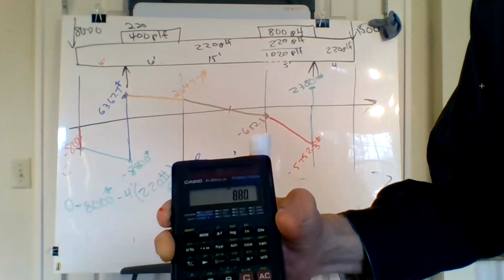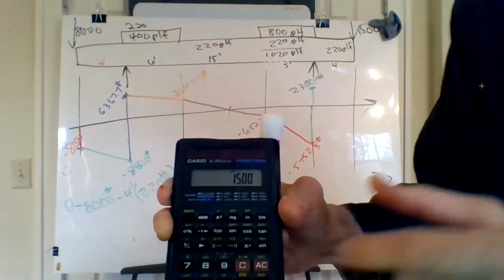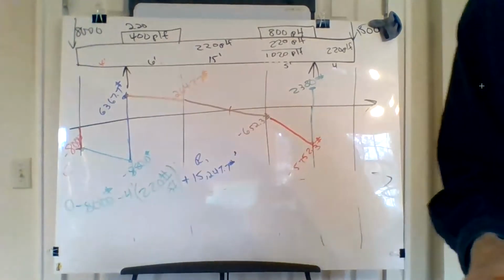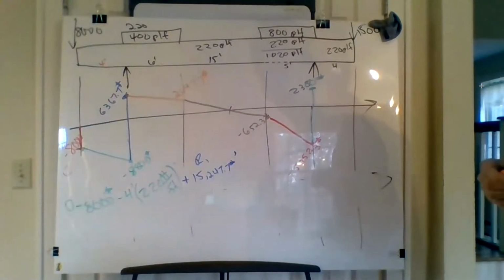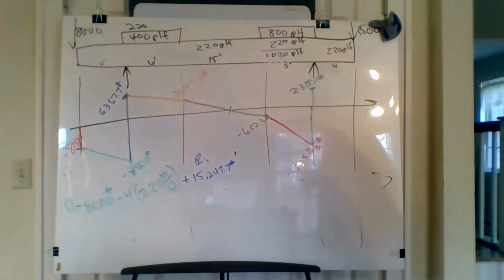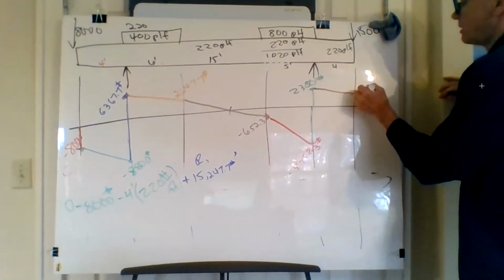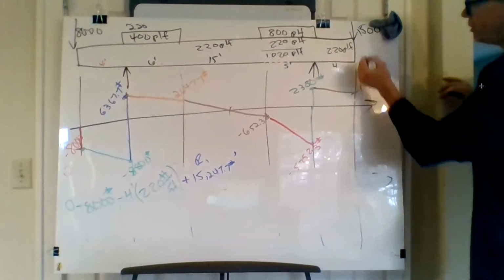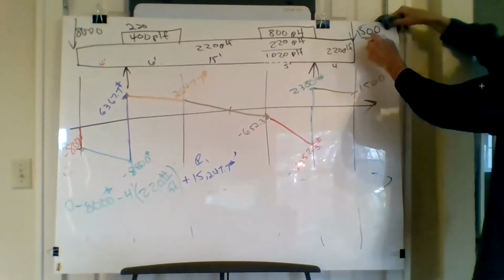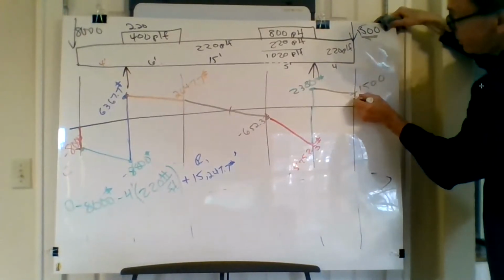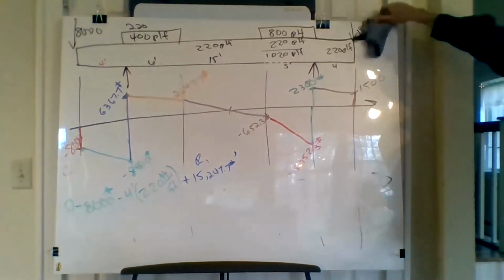I'm going to drop 880, but it's going to give me a value of 1,500. And lo and behold, that's what I got. And that's going to drop me back to 0.